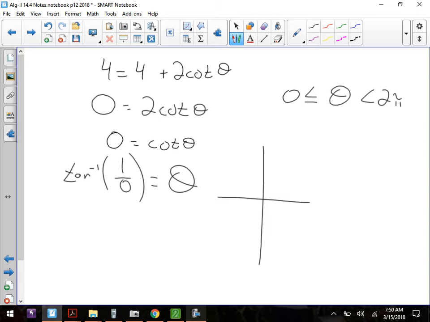Well, where's x 0? At 90, and, well, not 180, 270. So you're at pi over 2 and 3 pi over 2. That's where tangent is undefined.